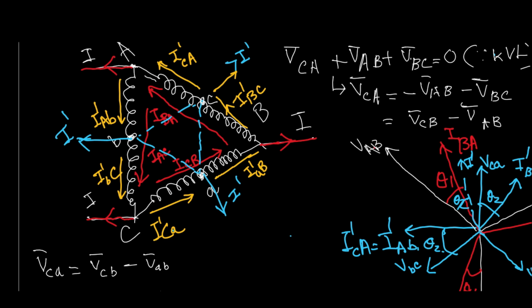So from this, what we can write? VCB is equal to minus VBA minus VAC, right? Similarly, for minus VAB, right, we can take this triangle.